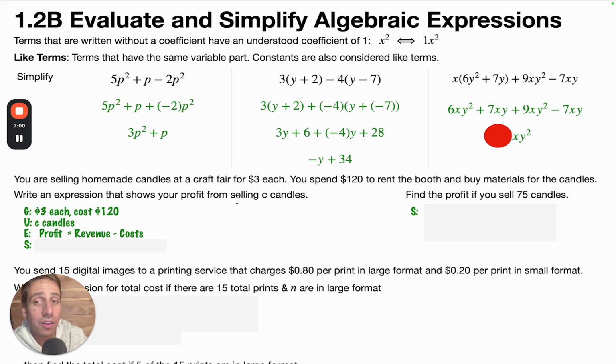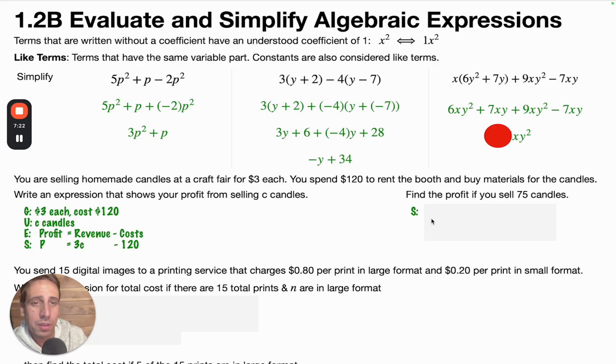It costs money to make money. It costs $120 to make all that revenue that you made. So what that looks like is the cost was $120. That's how much you had to front at the beginning. The revenue is going to be $3 each candle. We don't know how many candles. We don't know how much profit, but this is good for right now.